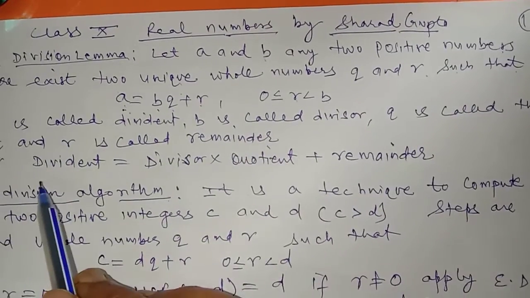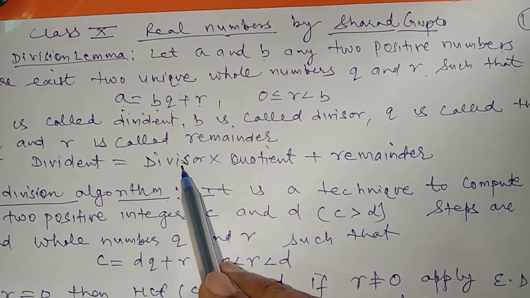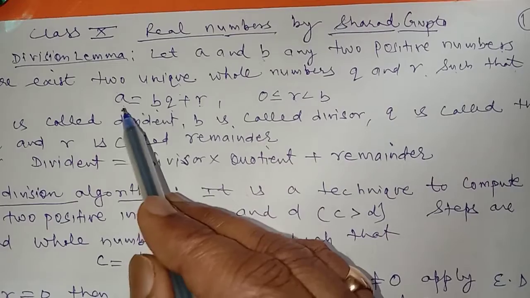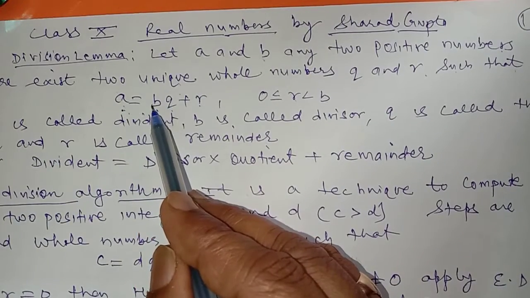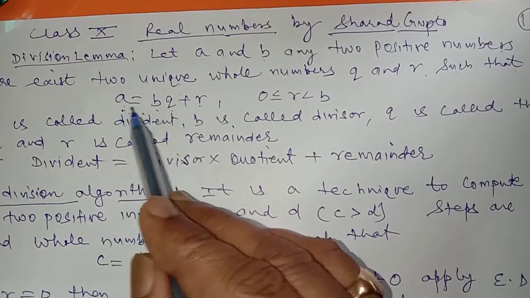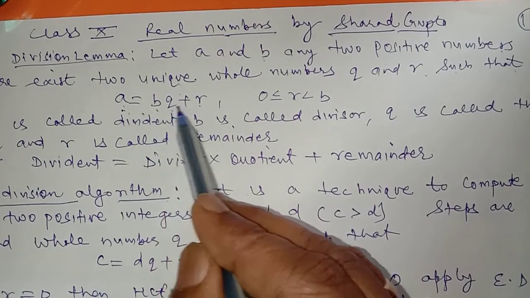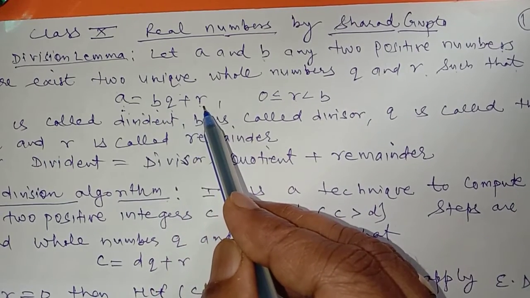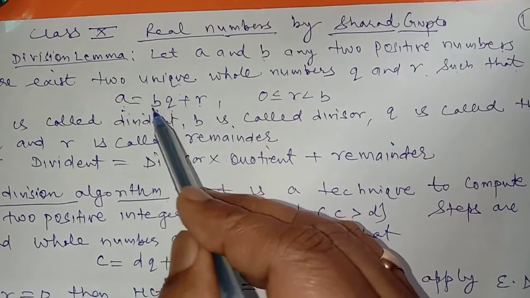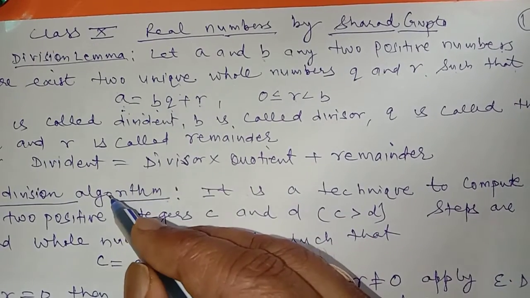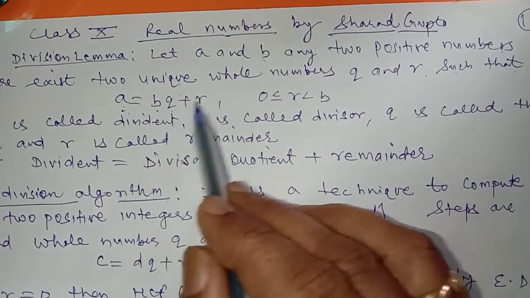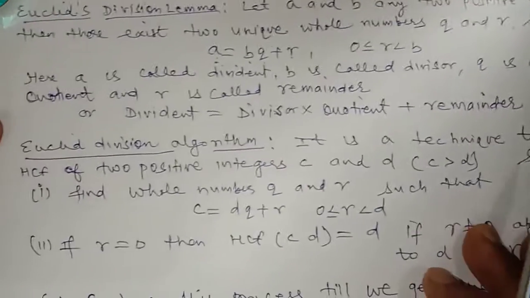So basically the formula is the same: dividend is equal to divisor into quotient plus remainder, and the value of the remainder is always less than the divisor. I will tell you why it will be less than B when we take some examples.